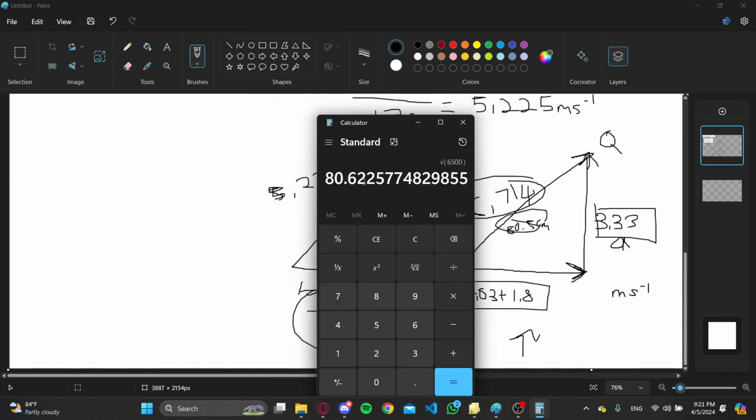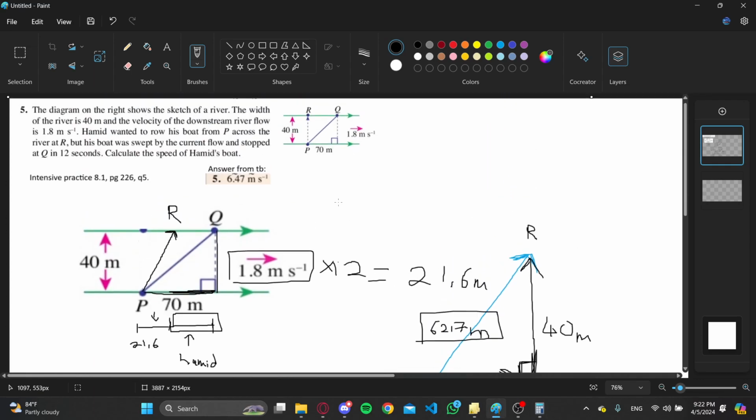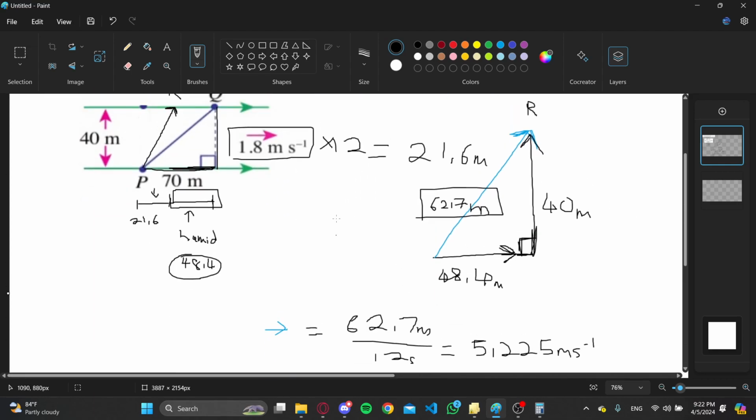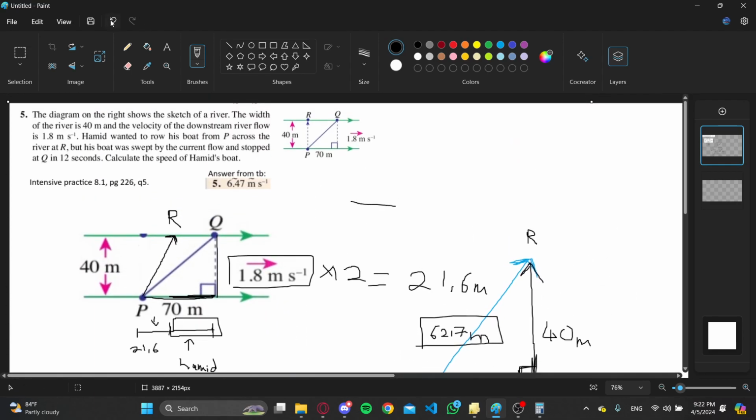Yeah, almost correct. I'm just off by like 0.1 something. There's a rounding error. So yeah, I hope that if you were struggling with this question like I was back then, this cleared up some of your suspicion, and you learned more about vectors.